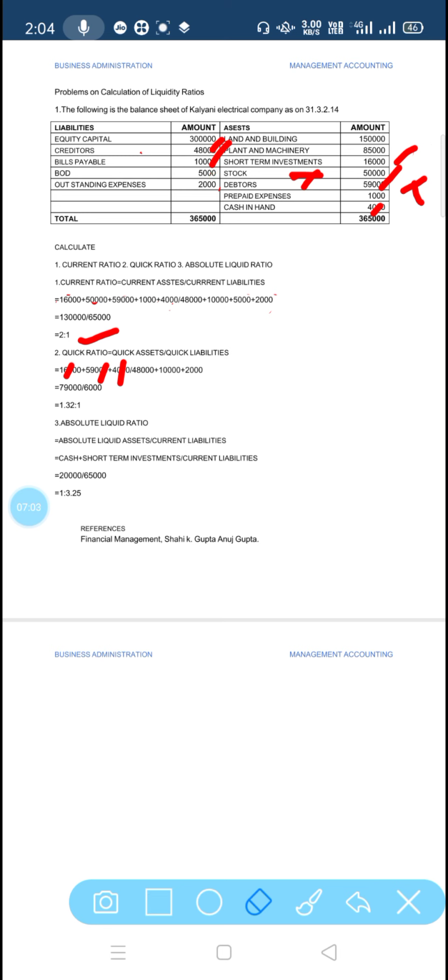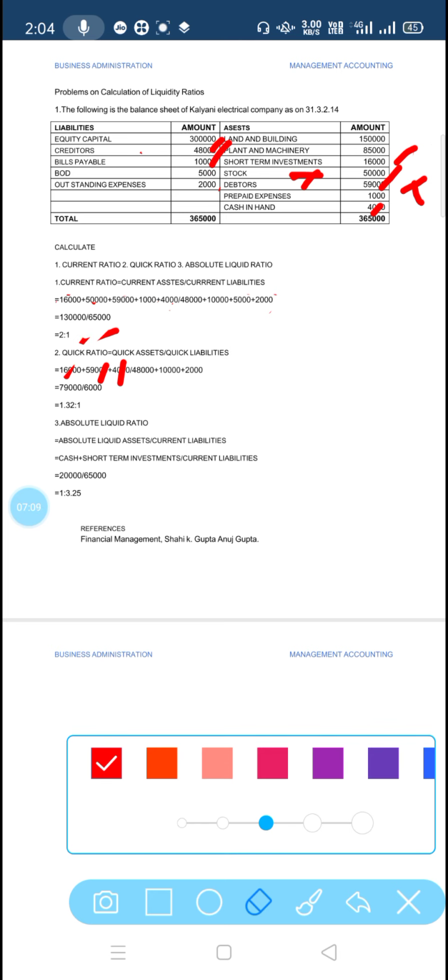If we add these quick assets and quick liabilities, 79,000 divided by 60,000, if we find the ratio for that, the ratio will be 1.32:1. The quick ratio is 1.32:1.